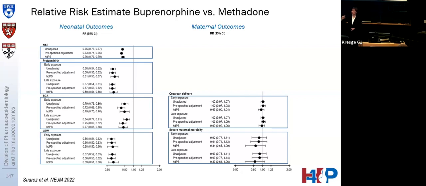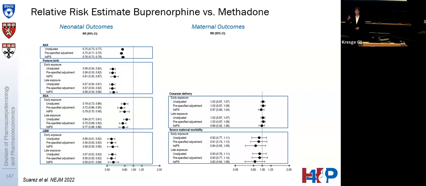So we have the early and the late pregnancy exposure. And then for each of them, three estimates: the unadjusted estimate, then the estimate with adjustment for those potential confounders that we as investigators have predefined, and then the third one, an HDPS, high dimensional propensity score adjustment, where we adjust for empirically identified proxies for potential confounding variables.